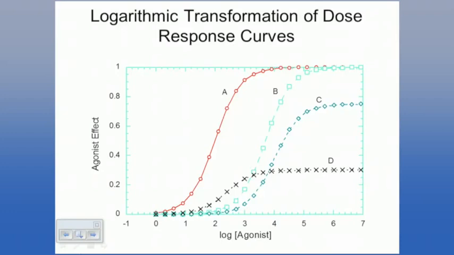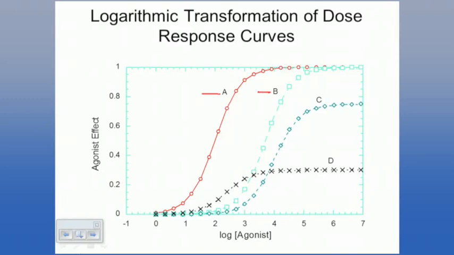So first of all, the way we look at these curves is we evaluate efficacy. So where is the maximum response rate? So if you're following along with me, I hope you can appreciate that the curve for drug A and the curve for drug B have equal efficacy or equal effectiveness.